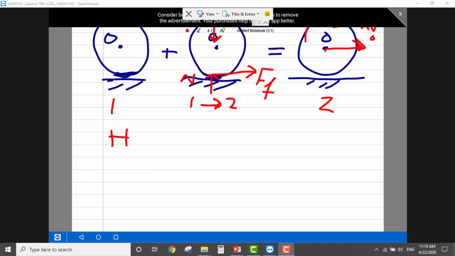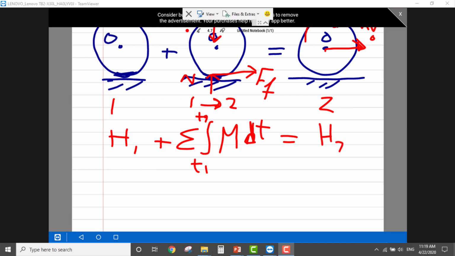So H at state 1 plus summation integration from t1 to t2. I write the general form first. Moment dt, integration with respect to time, equal to H2.